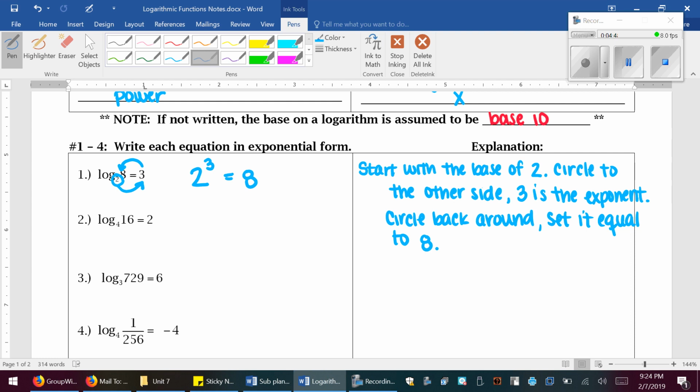So let's try that again. Log base 4 of 16 is equal to 2. I start with the base, which is 4. I circle around to the other side. That's your exponent. I come back around, I set it equal to 16. 4 squared is 16.